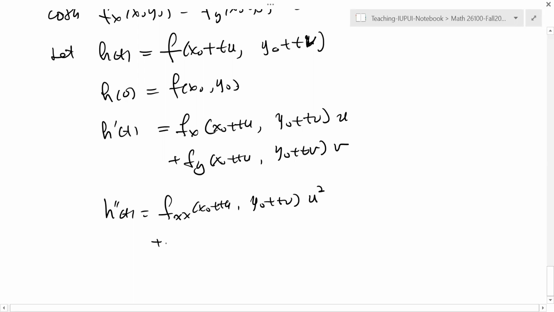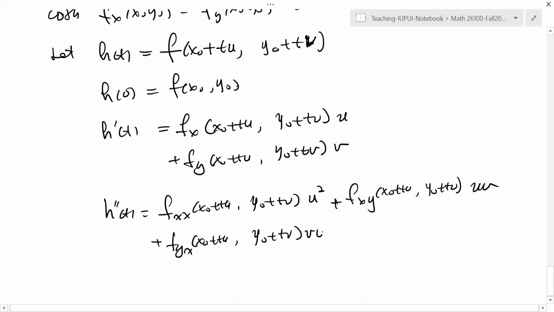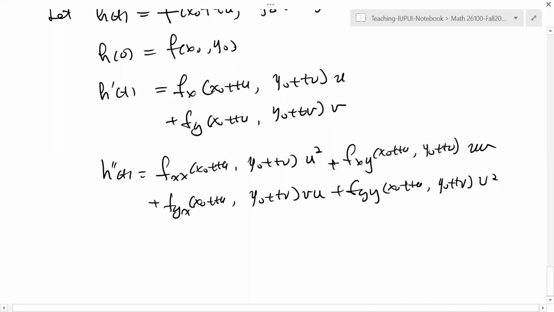Then I differentiate with respect to y, and then I get uv. Then I differentiate the second term with respect to x, and I get vu. Then I differentiate the second term with respect to y. All right, so those are the second derivatives.